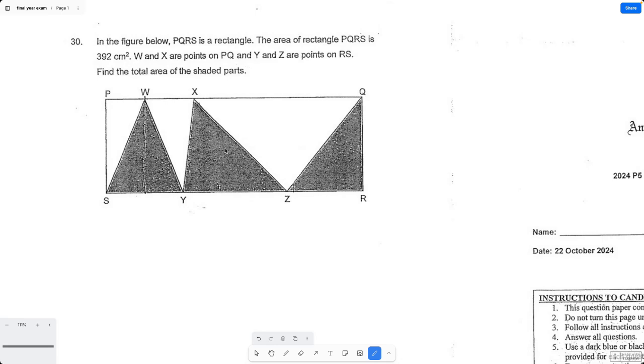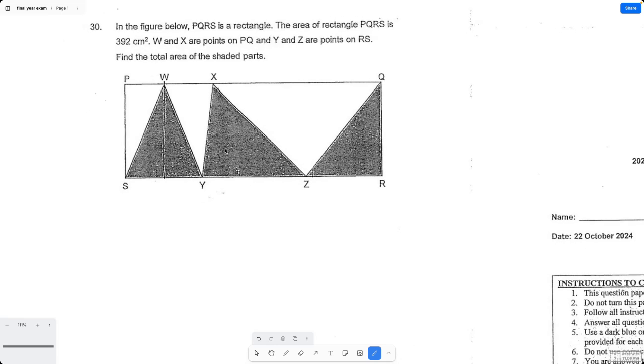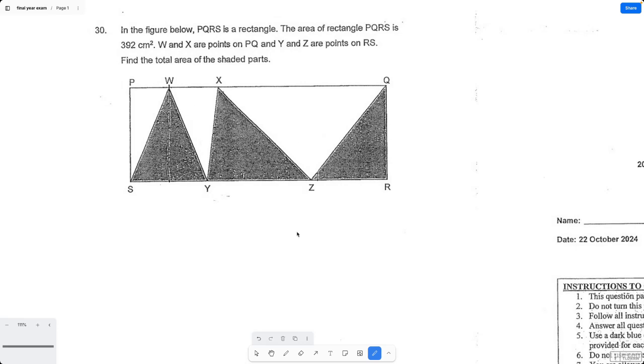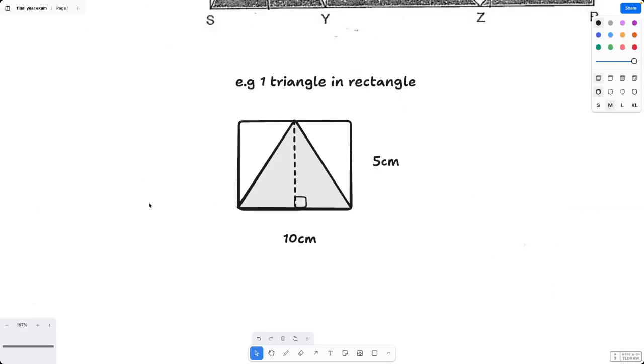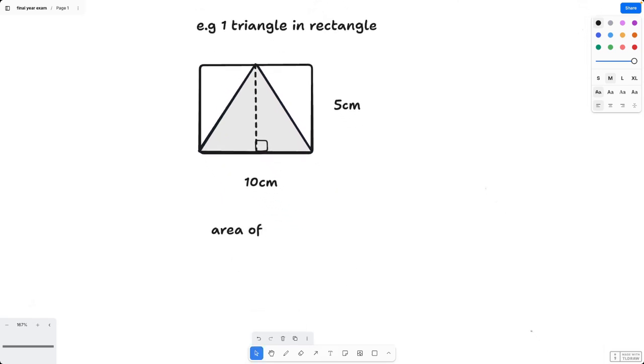This is where you kind of have to understand. Let me share an example. I have over here one triangle in a rectangle. To get the area of a triangle, it is half times base times height.